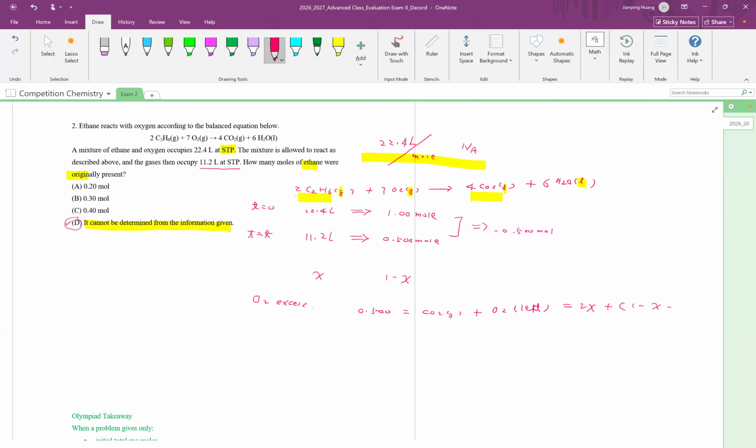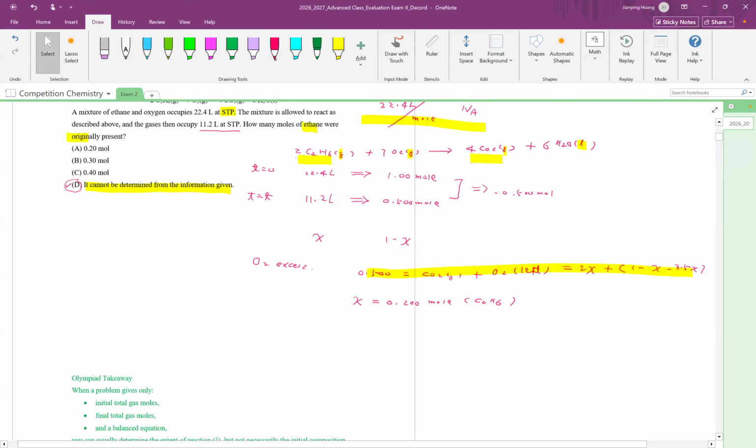You consume 1 to 7, so that it's 0.5X. In this equation, there is only one unknown, which is X, 0.200 mole, C2H6. Right?